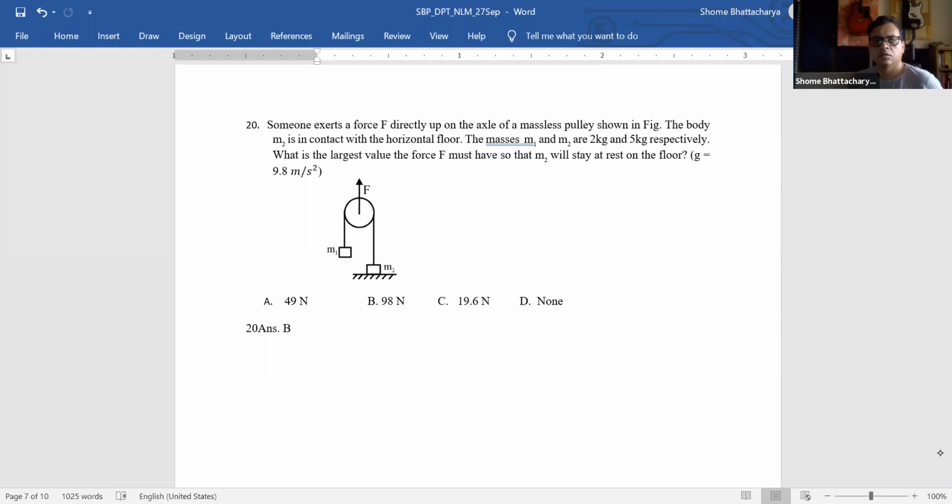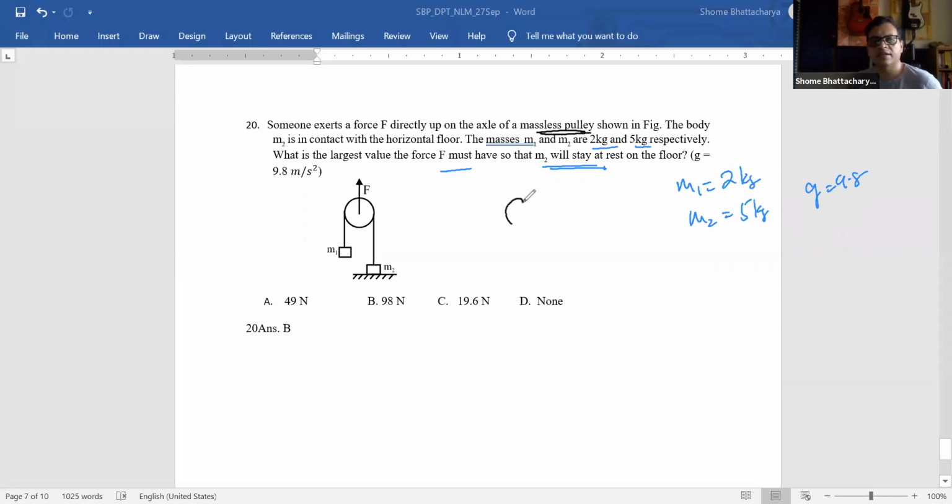Masses of M1 and M2 are given to us. Let's look at this carefully. M1 is 2 kg, M2 is 5 kg, g we have to take as 9.8. We need the value of force so that M2 will stay at rest. That's pretty simple, you don't have to worry about much here. The pulley is a massless pulley.